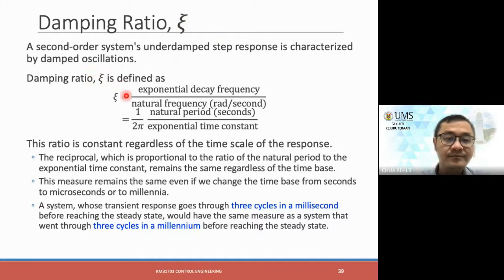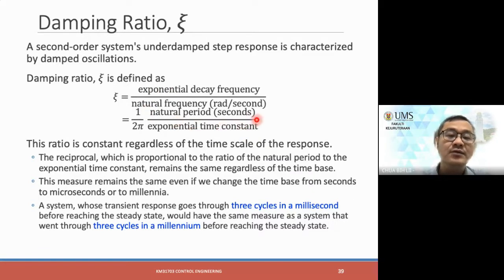So we have this damping ratio, defined as the exponential decay frequency divided by the natural frequency, and this is in radians per second. If we would like to turn it into seconds, then it would be 1 over 2 pi natural period, where period is 1 over frequency, divided by the exponential time constant. Again, you can see that the time constant appears here. So these equations give us a relationship.